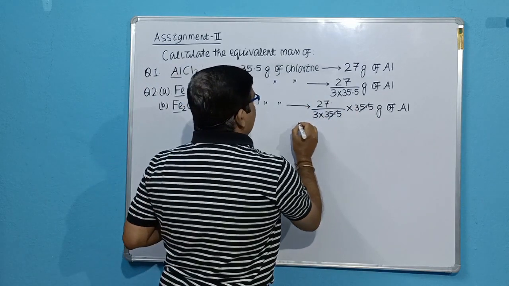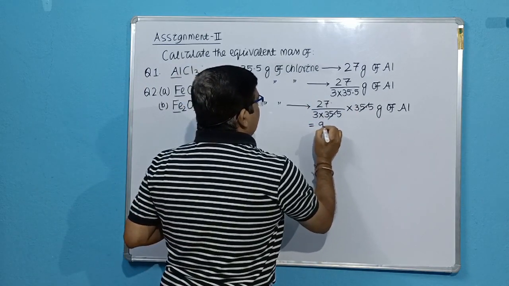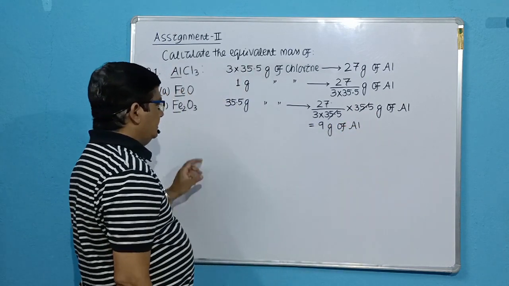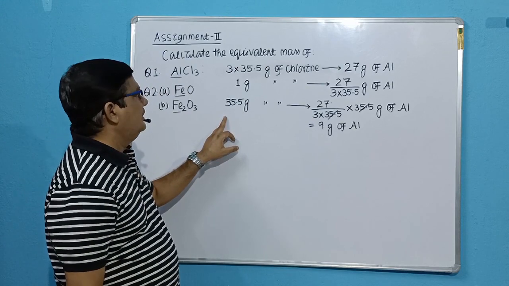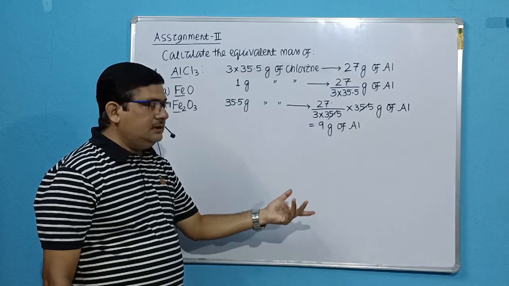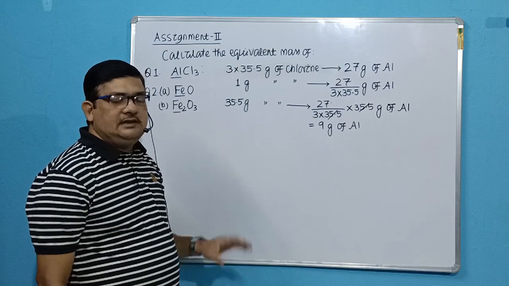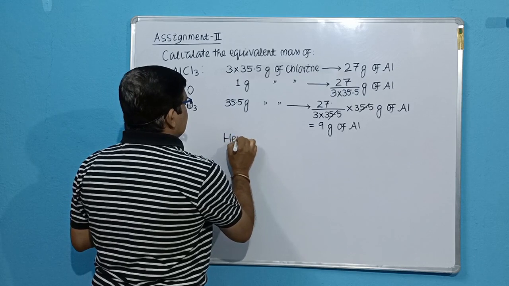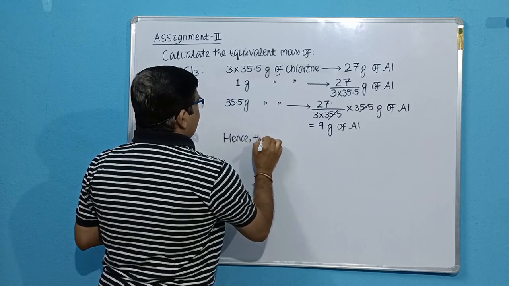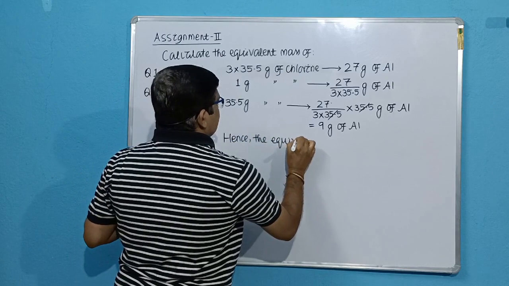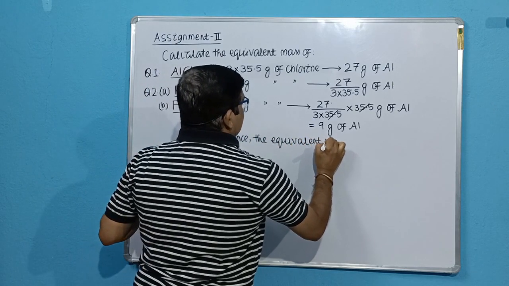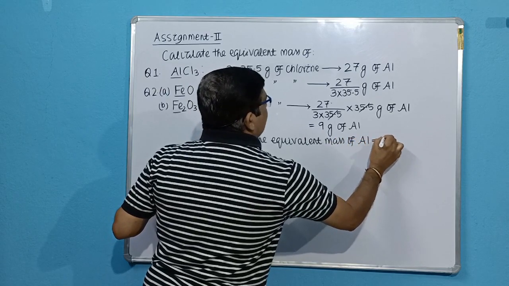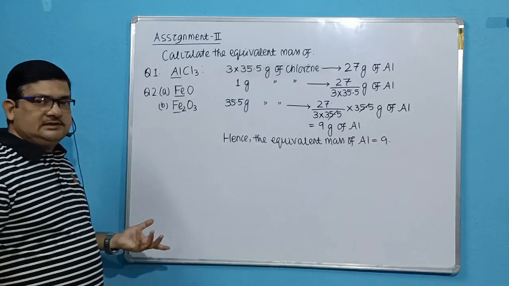So it will be 9 gram of aluminium. So 35.5 gram of chlorine combines with 9 gram of aluminium. That means, as per definition, the equivalent mass of aluminium will be 9. Okay, this is the answer.